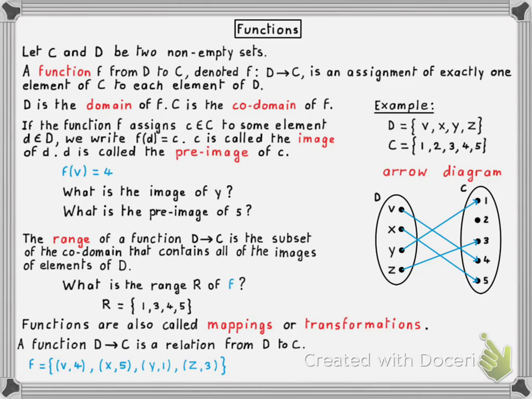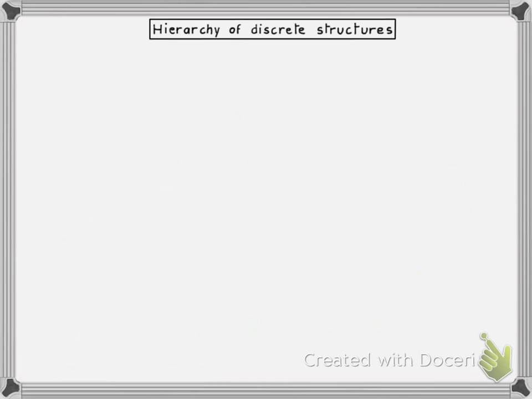In fact, this is so important to your understanding of the big picture in this course that I put it in writing. And I call it the hierarchy of discrete structures. Turns out sets are the most general type of discrete structures. In fact, you could say it's the foundational discrete structure on which most of the other structures are based.